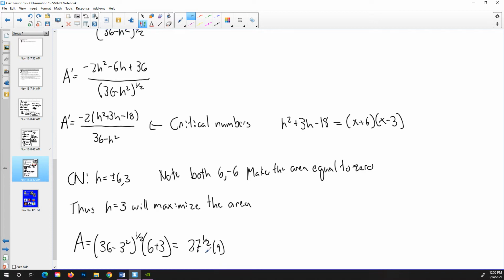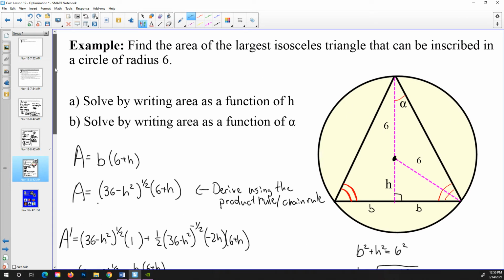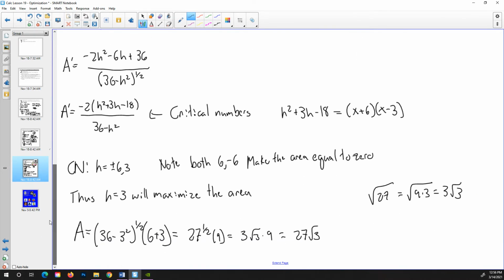If I take 27 to the 1/2 power, let's say square root 27. Well, 27 is the same as 9 times 3, which is 3 square root of 3. So if I go 3 square root of 3 times 9, I will get a maximum area of 27 square root of 3. And let's check our units. Do we have any units? We have no units, so we'll just call it units squared.